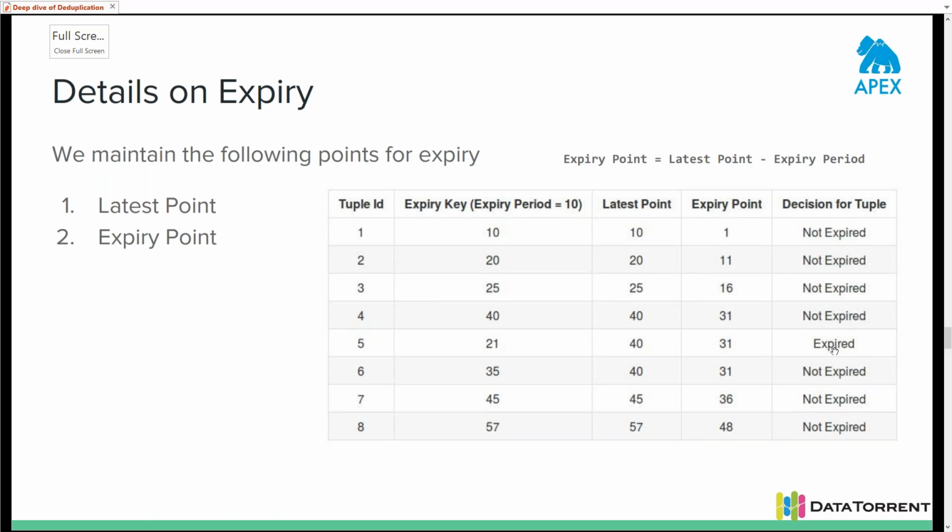Any expired tuples won't even be considered for that processing. So once you decide that something is not expired, you move that tuple to further processing and see whether this tuple is actually a duplicate or a unique tuple. Okay.